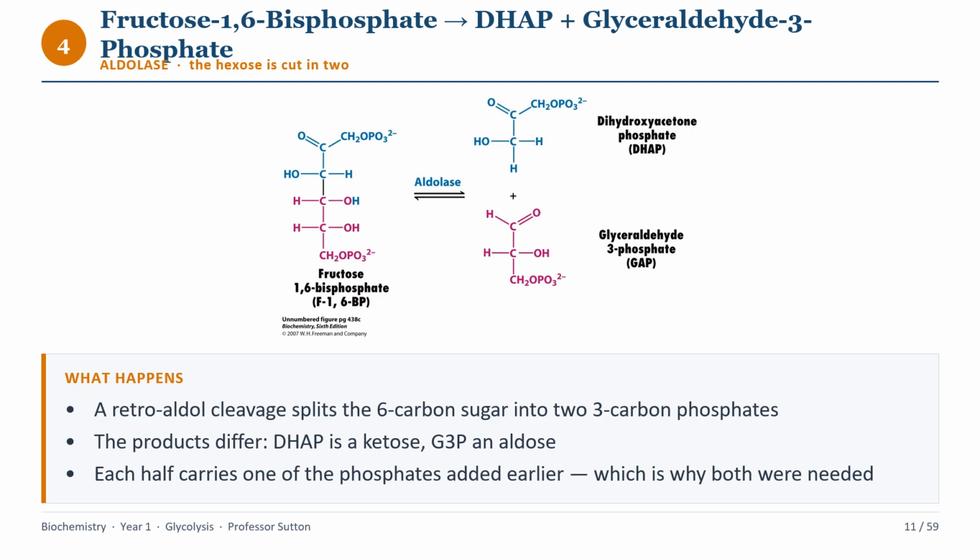This is where the 2 ATPs you spend pay off. Each 3-carbon half now carries one of the phosphates you added. That is why both phosphorylations were necessary, one for each half. Neither triose could continue without one.